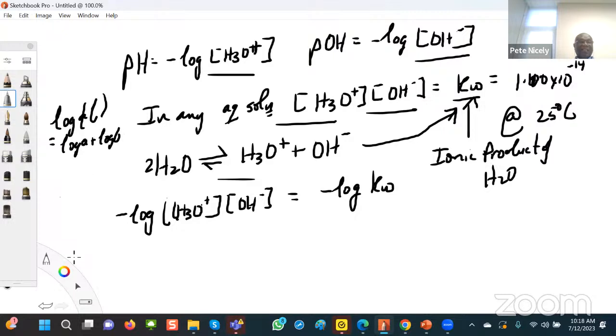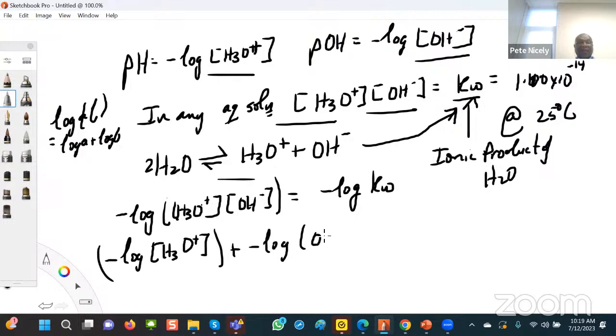So that means that this expression can be said to be equal to minus log concentration of hydronium, in parentheses, plus minus log concentration of OH minus, in parentheses as well. And that'll be equal to minus log of Kw, all right?